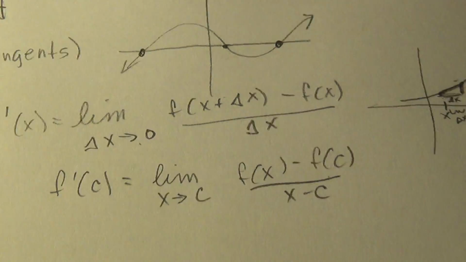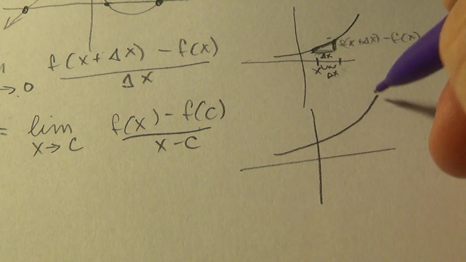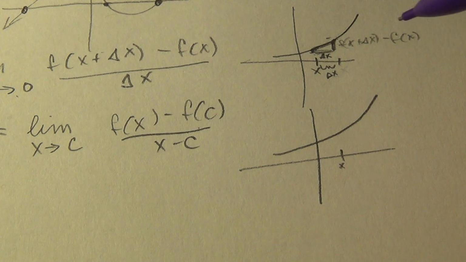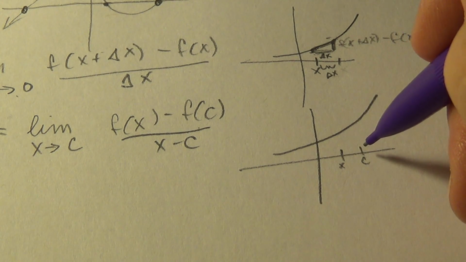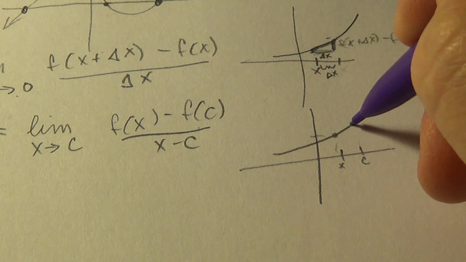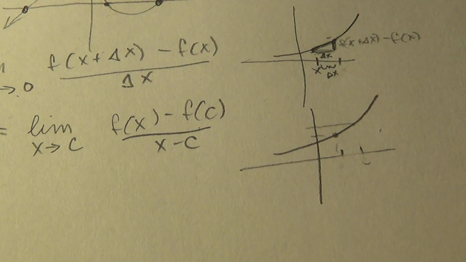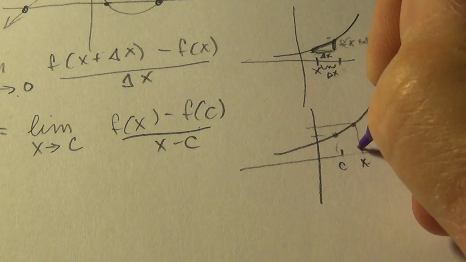Here, let's see what that would look like. In a similar function, we would have x here and c here. So x is going to approach c. So this is f of x, this is f of c. I guess maybe we should have x on this side. Sorry, I should have thought this through.